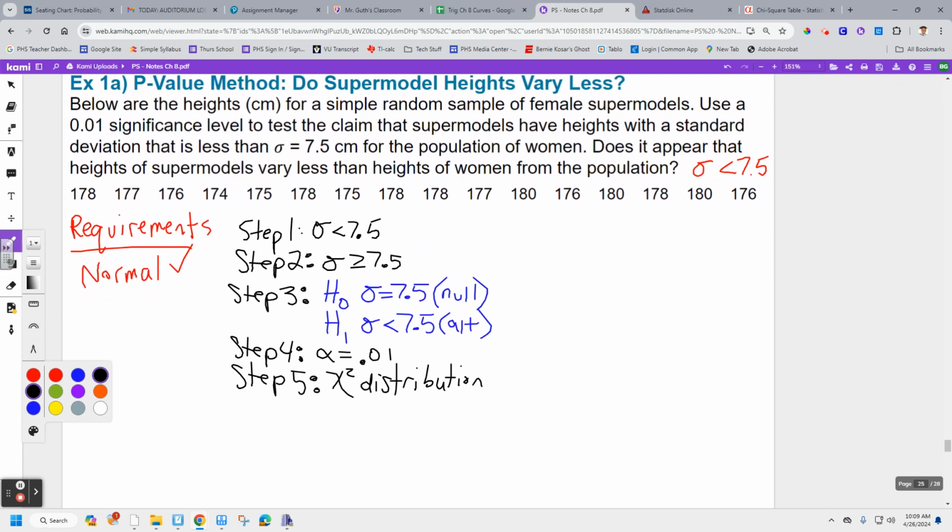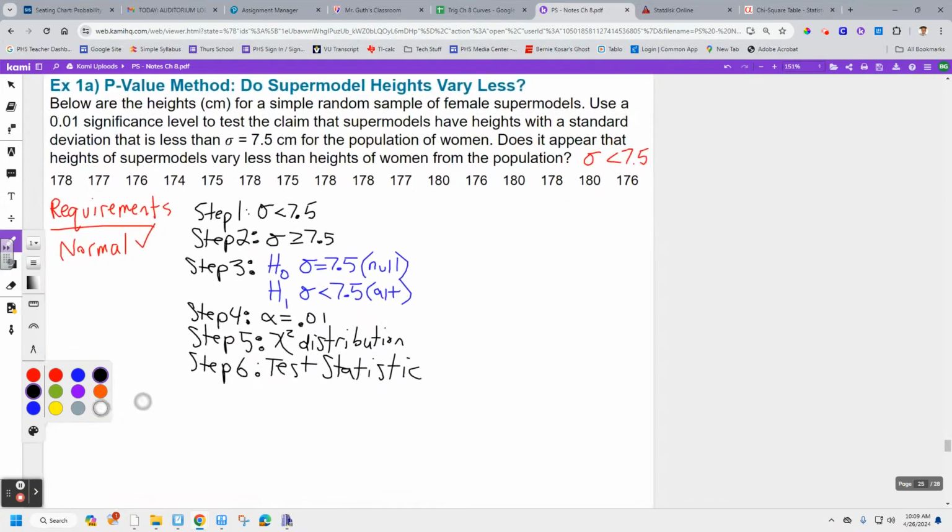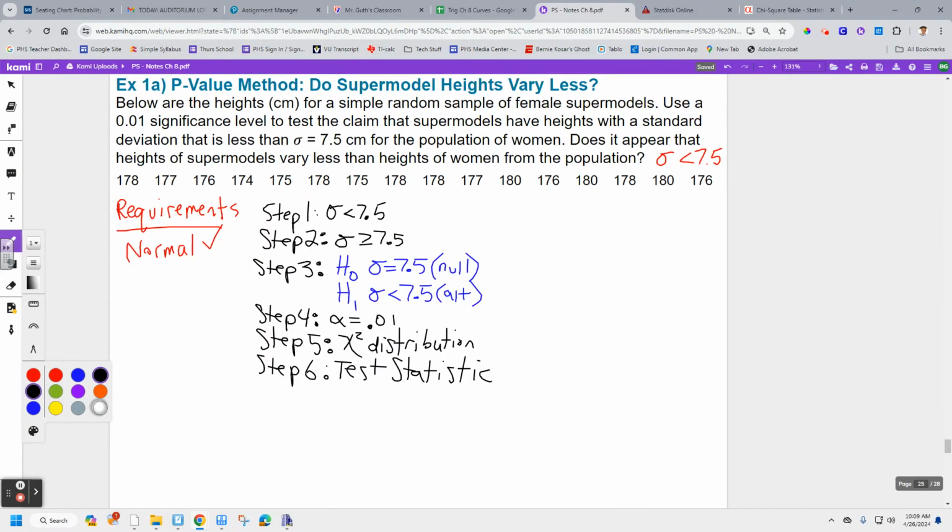Step 6 is our test statistic. And we have an equation for that, but you're probably going to rather use technology. But let's go through at least one time with the equation.